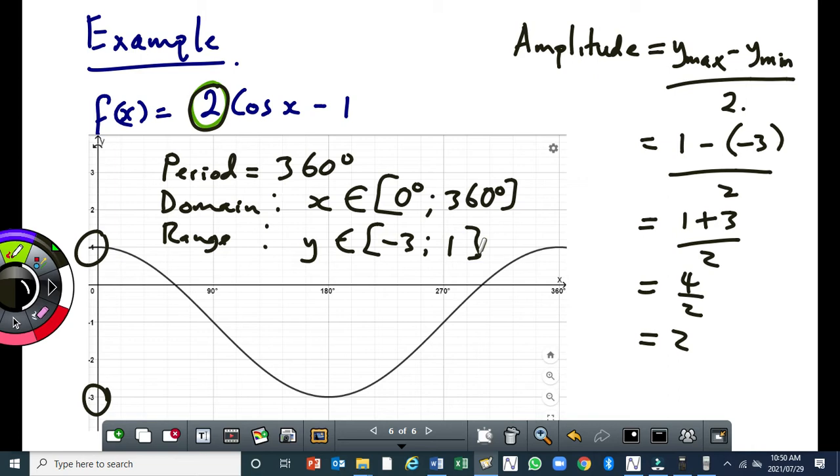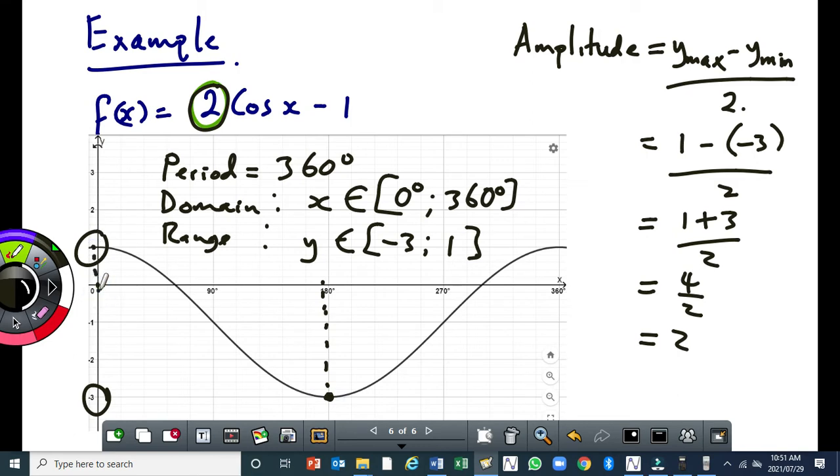Well, if we say for what values of x is the graph decreasing, by decreasing we are saying the y values are getting smaller and smaller. That's what decreasing means. So they start from a maximum which is 1, then the values are decreasing until this point where they stop decreasing. So we take this x value here and that x value.